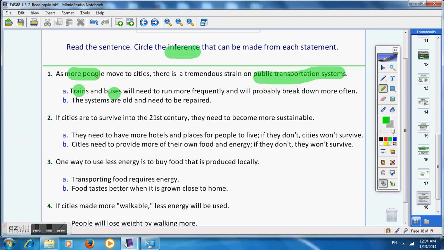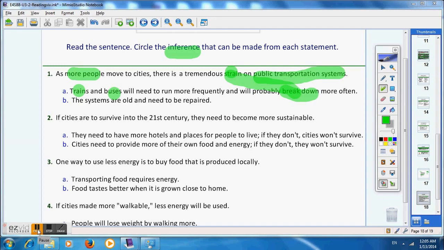And of course, since we use more public transportation, they have the tendency to break down. You can connect the words. Strain is a negative word. You can relate this word to break down. And so when we talk about more people, it means more trains and buses.